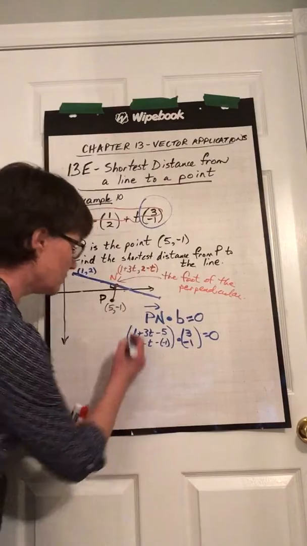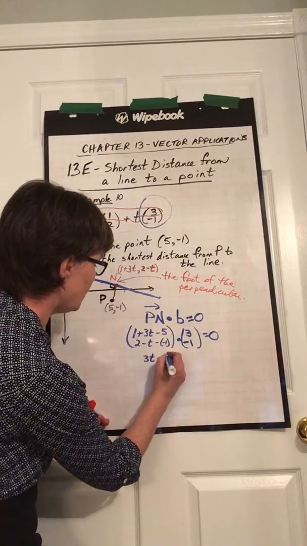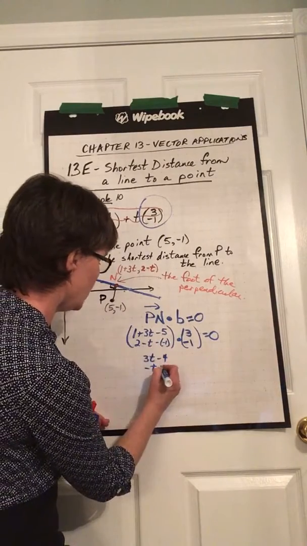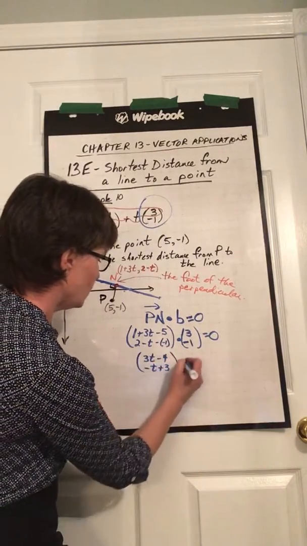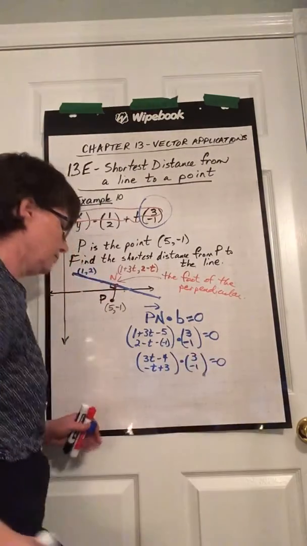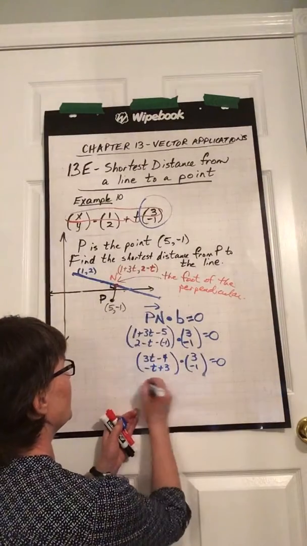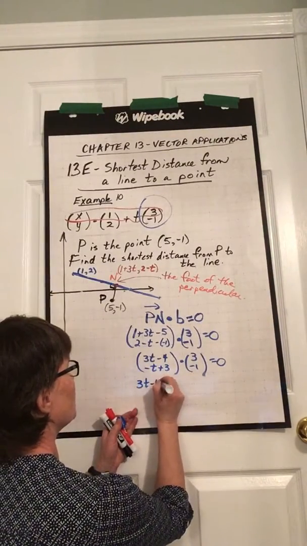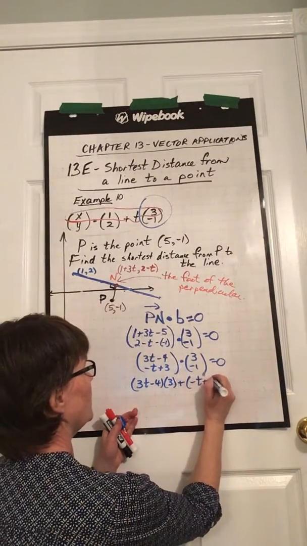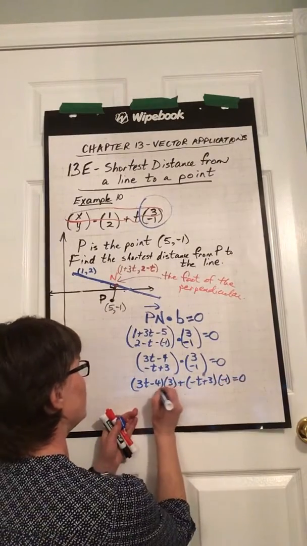Let's simplify this a little bit. We've got (3t - 4, -t + 2 + 1), which is (3t - 4, -t + 3), and we're dotting that with (3, -1). So we have (3t - 4) multiplied by 3 plus (-t + 3) multiplied by -1, and that has to equal 0.